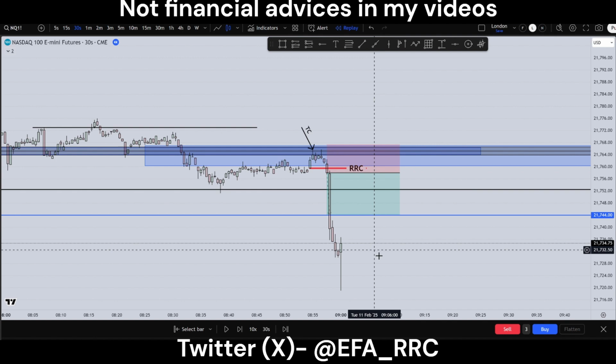But now I have found out from the journal some extra confluences, best times of the day, best points of interest, how to look for the correct point of interest, and how to look for the direction. When I have all of these confluences, I take only that trade, the A plus trade. And since I'm doing this, my win rate is around 85-90%, as you can see on my Twitter.